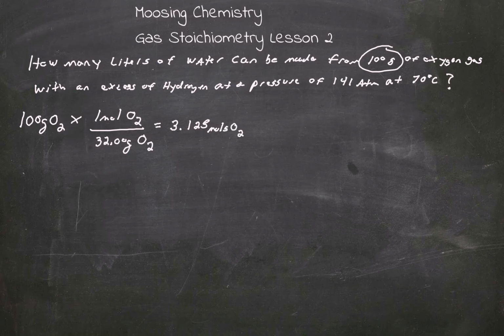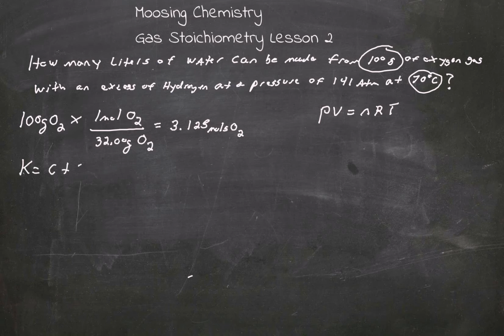Now, also notice that we have a temperature, and it's in Celsius. So this is going to be a PV equals nRT problem. We're going to use the ideal gas law for this one. So what we need to do is convert Celsius into Kelvin.